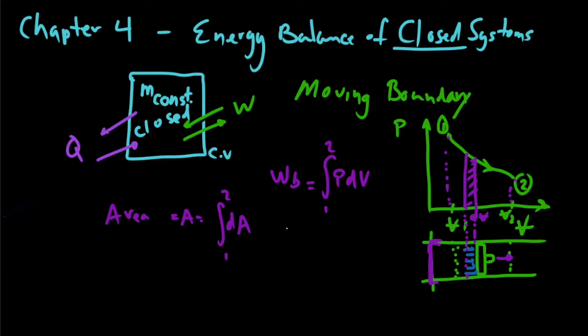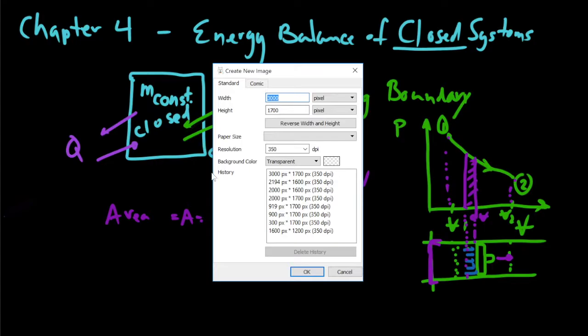And so we have that, and now let's go ahead and start a new page. Okay, let's assume that we start off with volume on this axis and pressure on this axis.